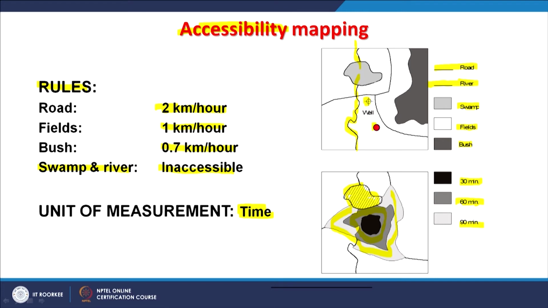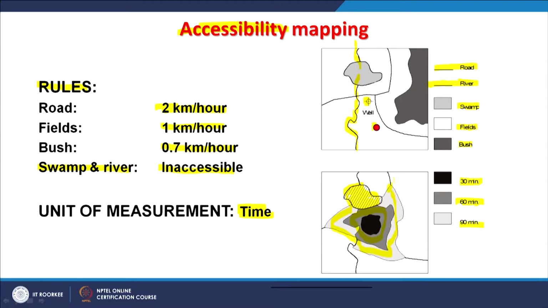Because we have constrained that the swamp and rivers are inaccessible, we do not see any accessibility there. So, likewise a lot of things can be planned before anything really happens on the ground, or a lot of things can be analyzed to provide certain benefits to the community.